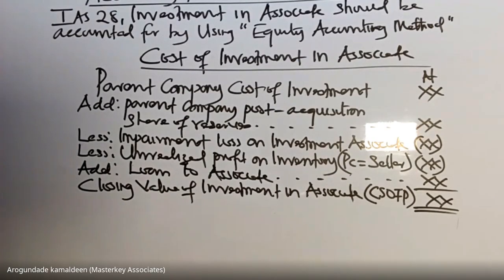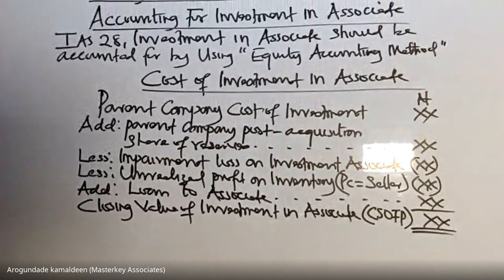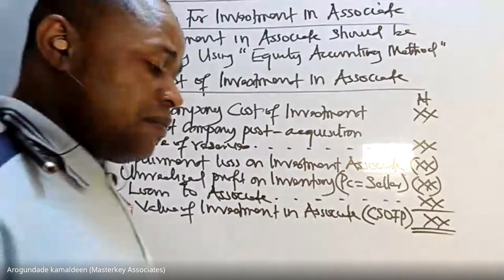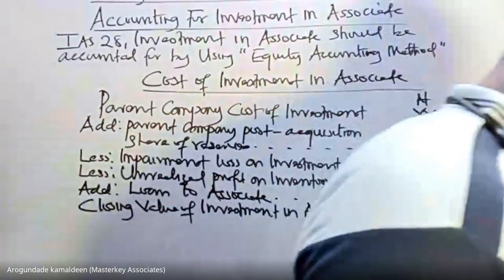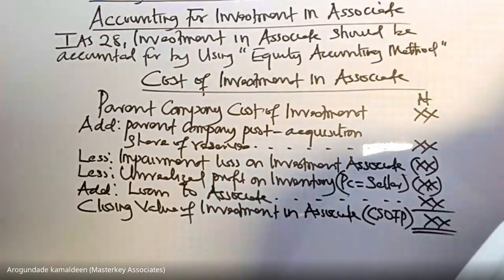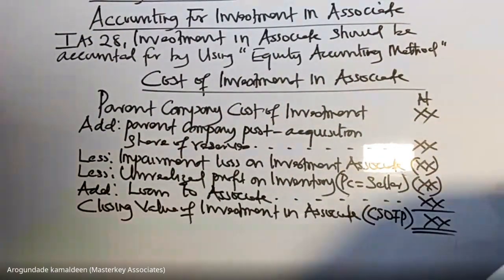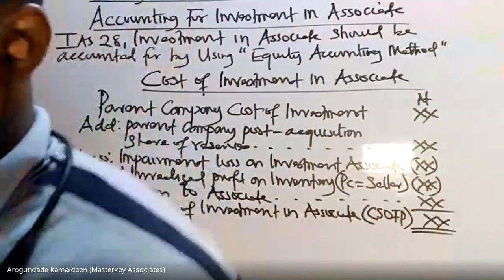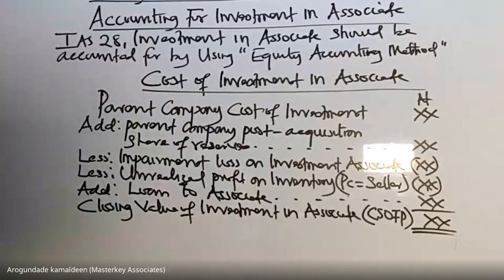Class, based on any of this, you are not going to use the equity accounting method. Now, what are the necessary adjustments that you and I need to talk about? The necessary adjustments.